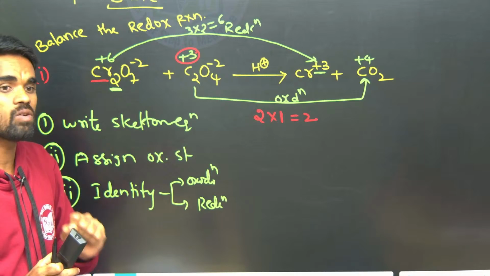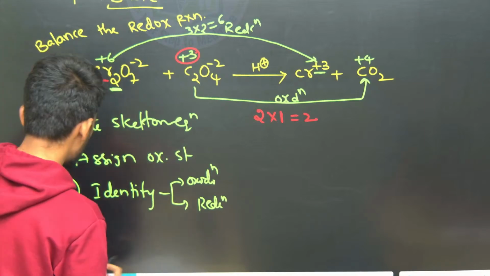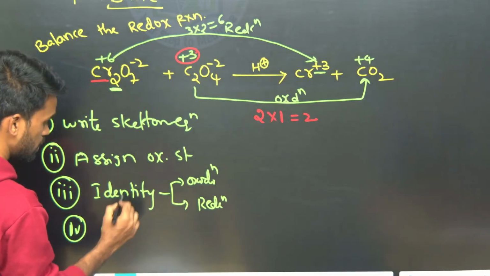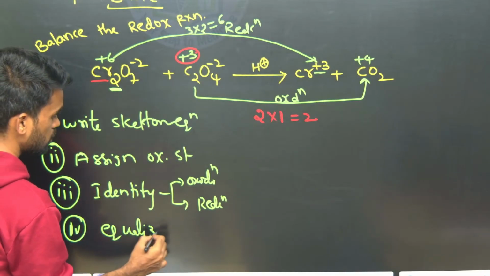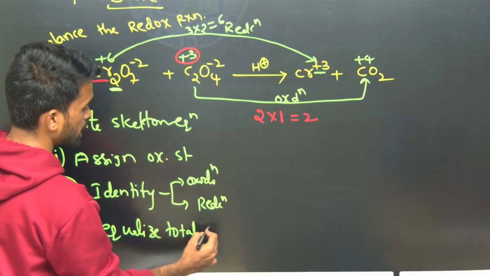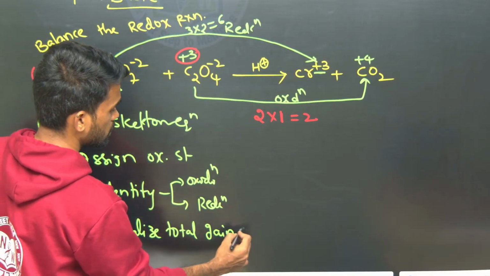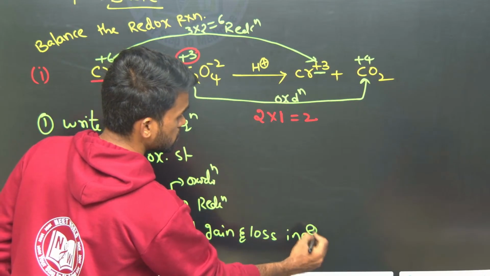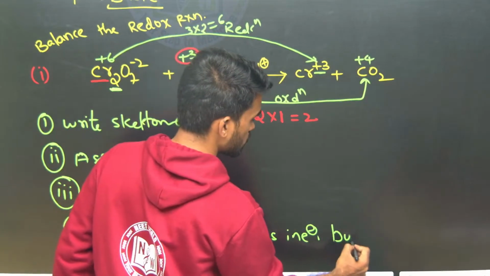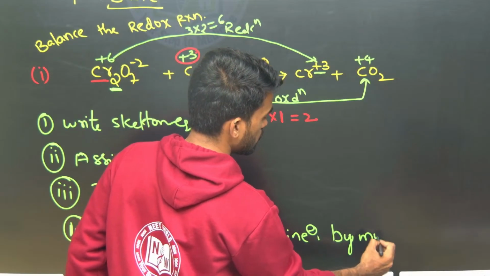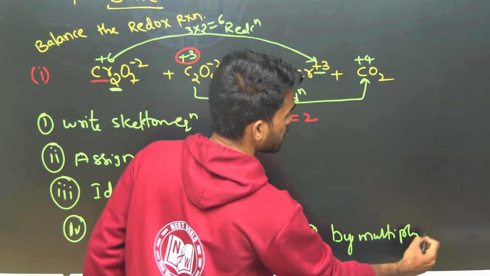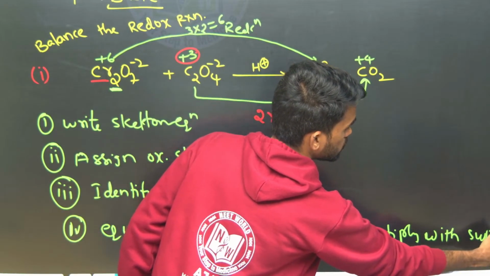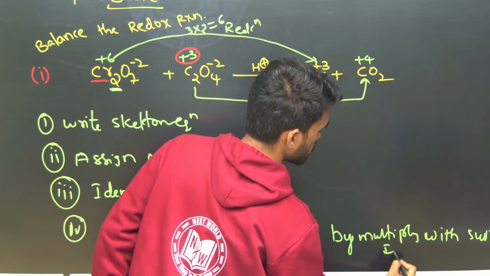In order to equalize the number of electrons, equalize the total gain and loss of electrons by multiplying with a suitable integer.